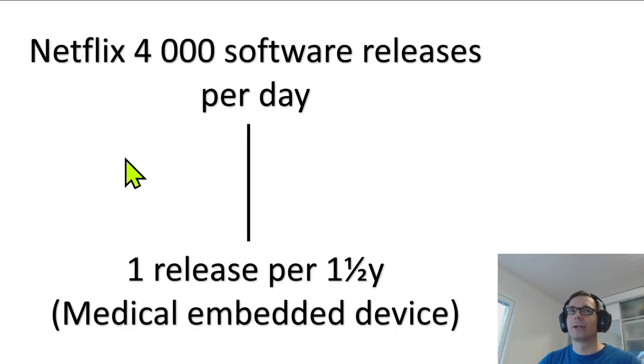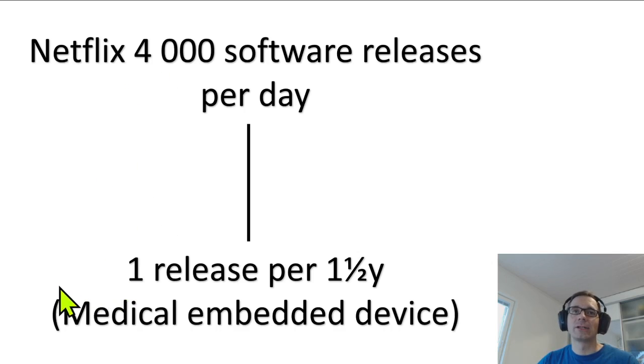And this does not try to communicate that more releases or more deployments to production is better. This is highly dependent on the domain, on the requirements, what type of hardware you are using, and so on. So it's not fair to say that Netflix is much better than this company.